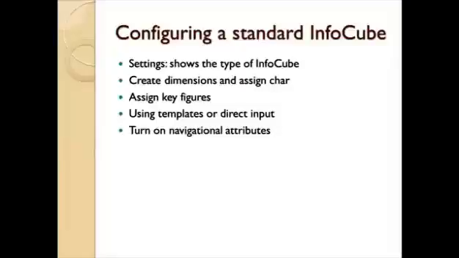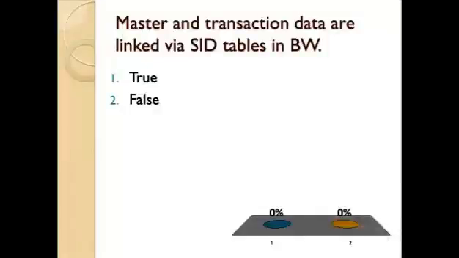You can use templates or direct input, just like you can with the data store object in the previous chapter. And you can then turn on navigational attributes for certain attributes, if you will. The final review question.